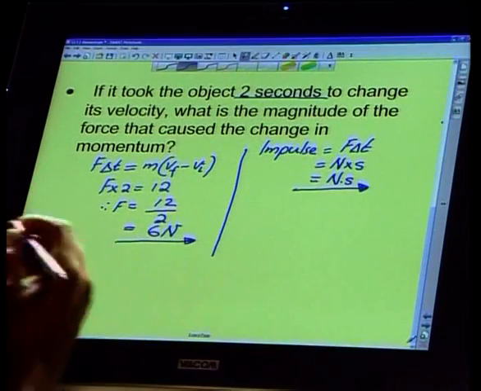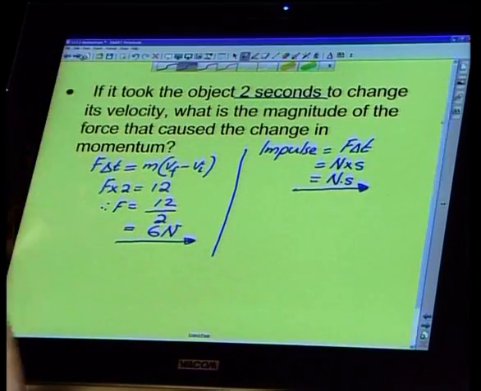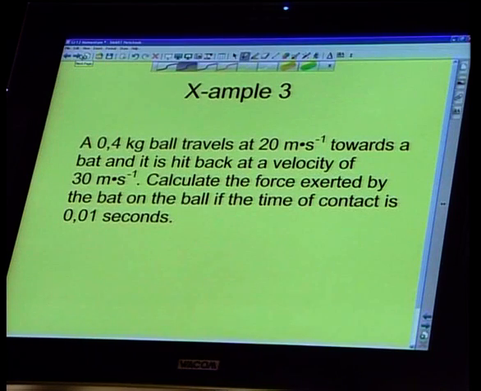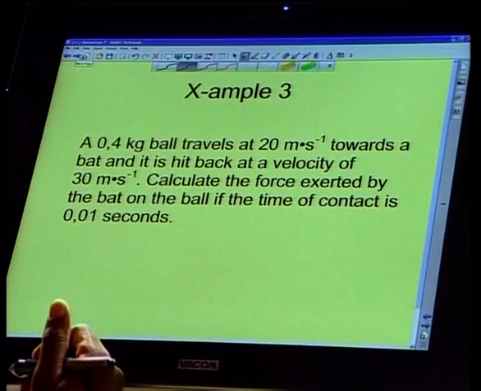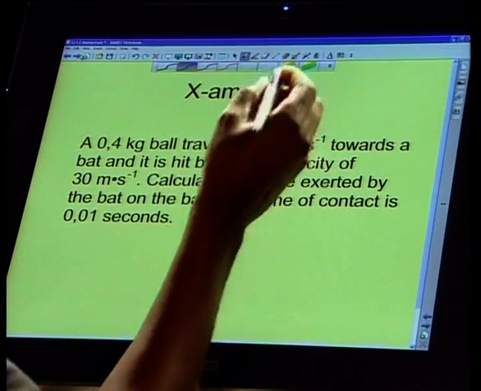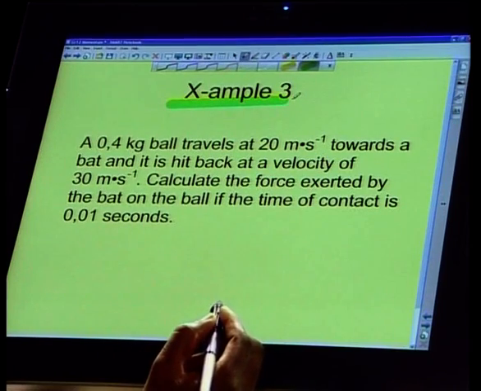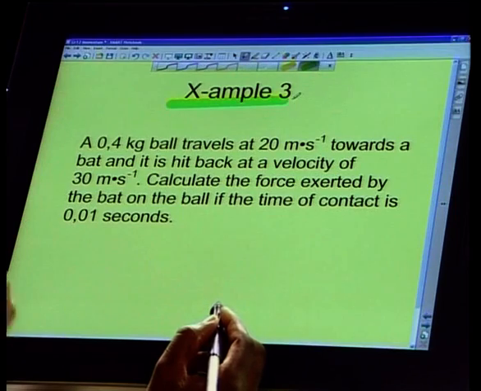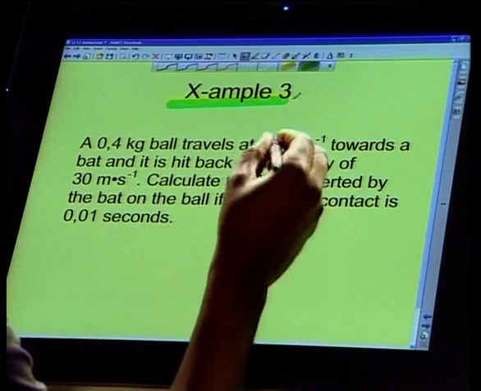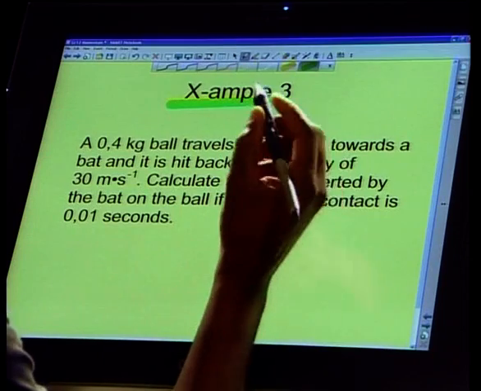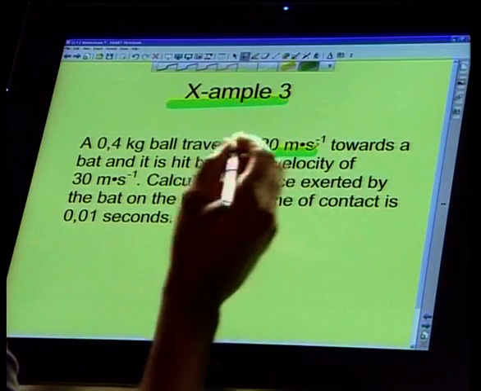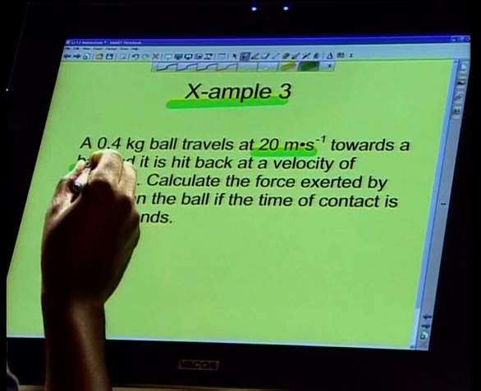Right. Now let's move on and see if we can work out solutions to example 3. Well, example 3 is a nice one. Let's look at it. A 0.4 kilogram ball travels at 20 meters per second towards a bat, okay?